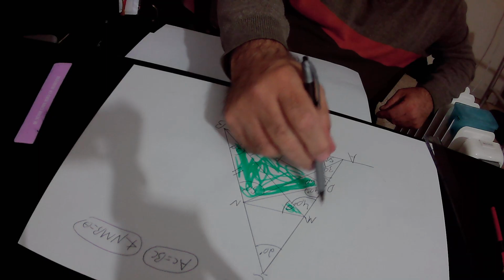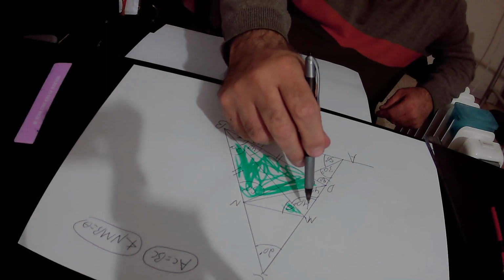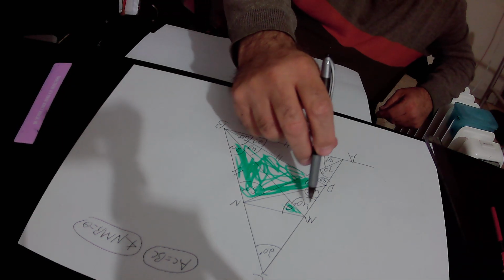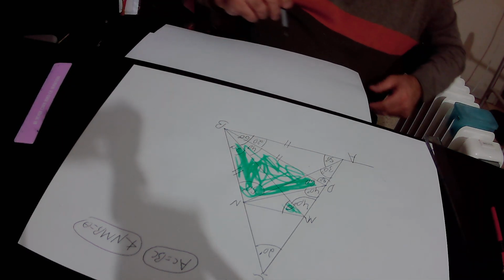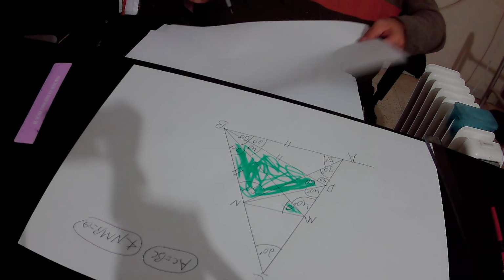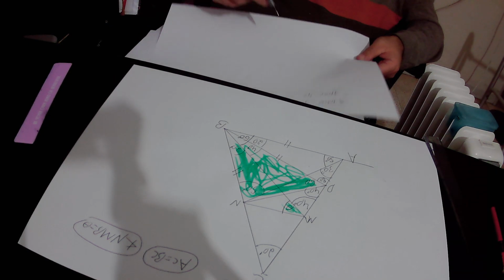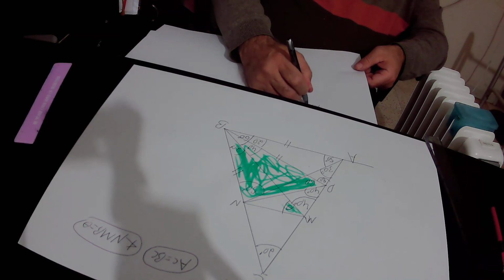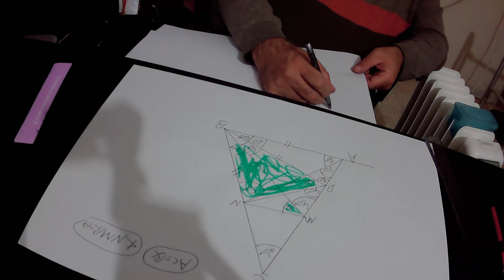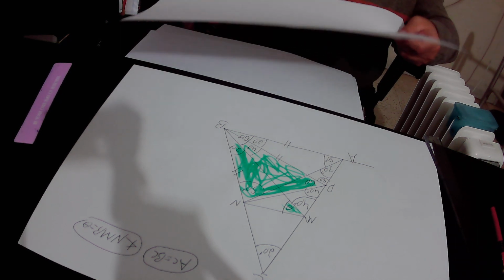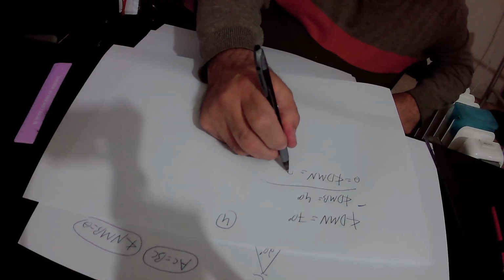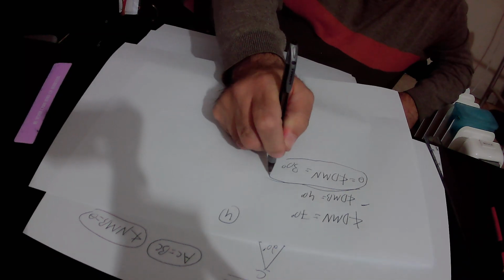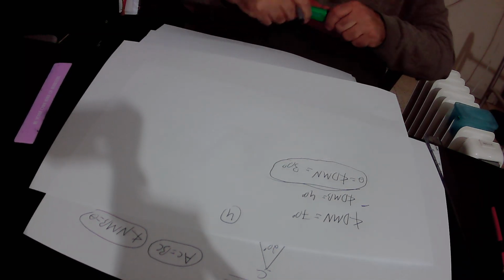So we subtract the two angles, and we get that the missing angle, angle theta, is equal to 70 degrees minus 40 degrees, which is 30 degrees. So we found the answer to the question: angle theta, the angle that we are looking for, equals 30 degrees in size.